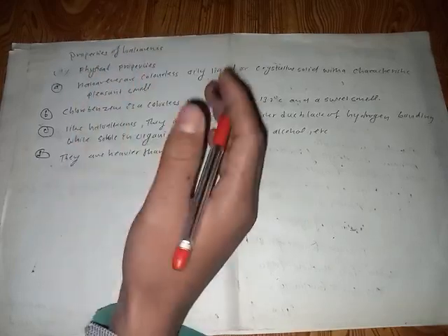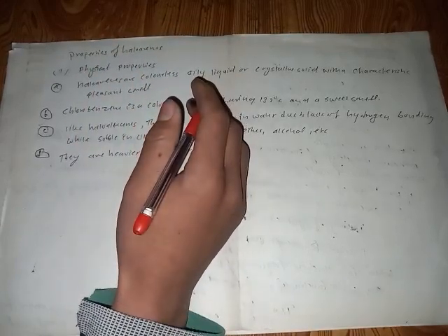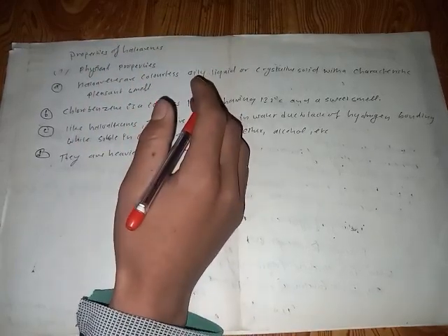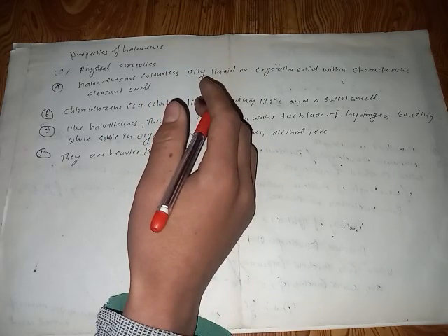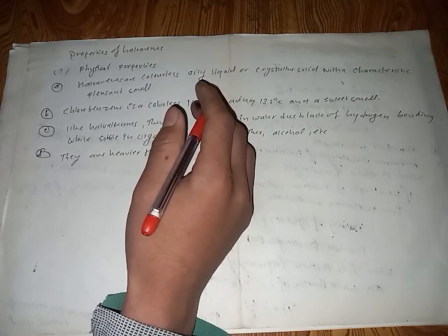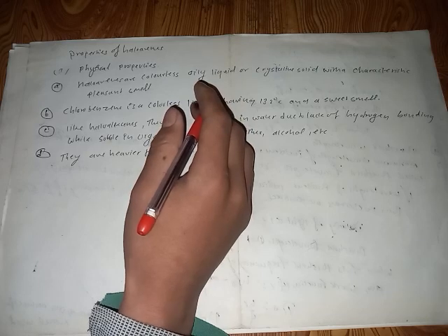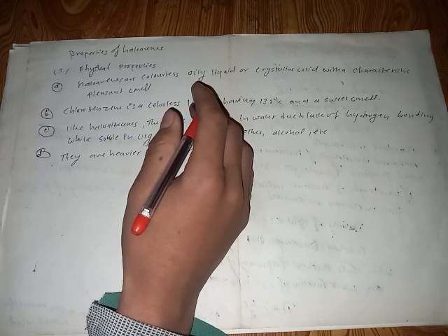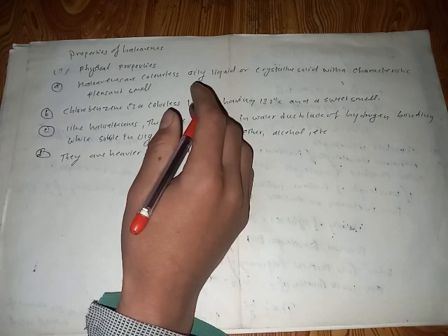Haloarenes have a dipole moment due to the presence of the polar carbon-halogen bond, since the halogen is more electronegative than carbon.